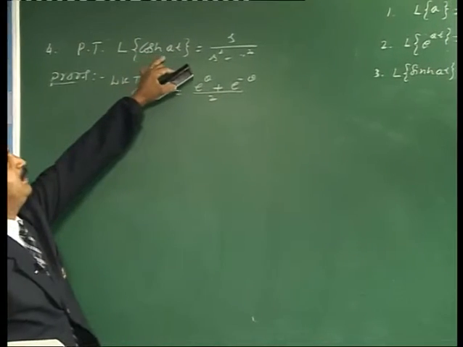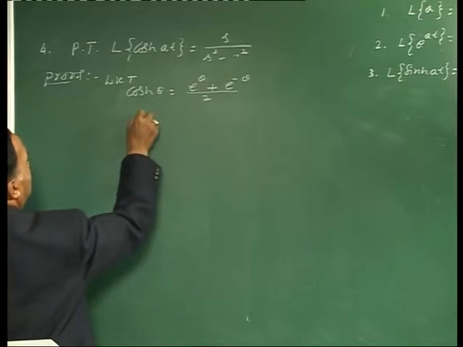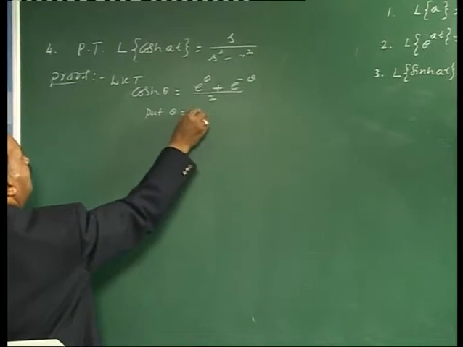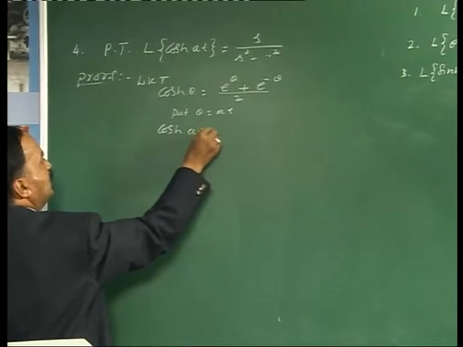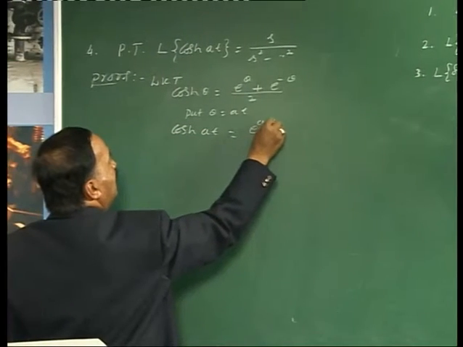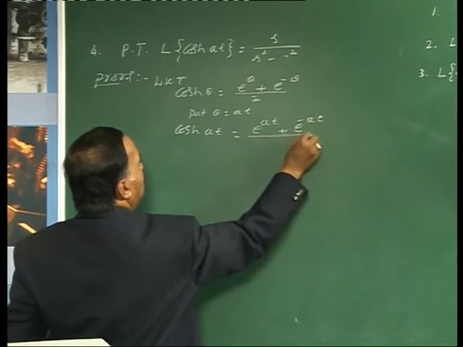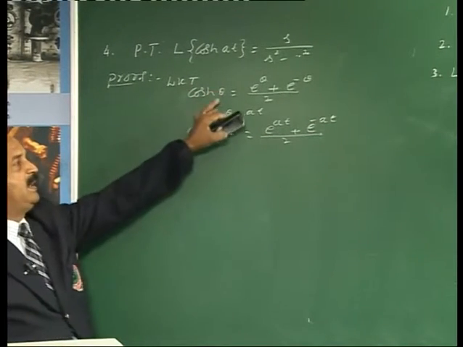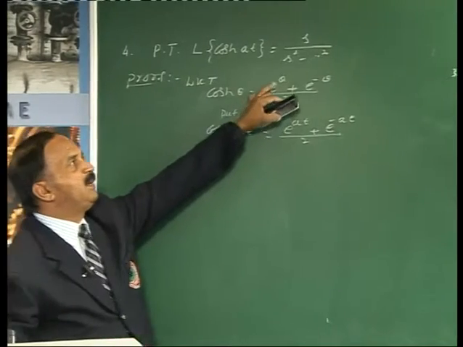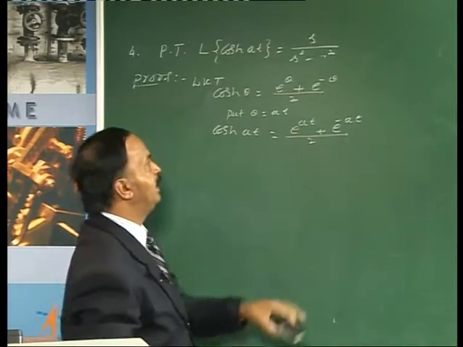And here we want cos hyperbolic at. So put theta is equal to at. Then this becomes cos hyperbolic at is equal to e to the power of at plus e to the power of minus at divided by 2. So in place of theta you write at. You will get e to the power of at plus e to the power of minus at by 2.